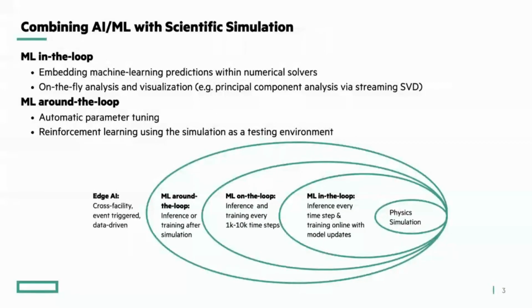So two exemplar cases are doing something like parameter tuning, right? So a lot of our simulations have tunable parameters, which we have some known constraints on, but maybe for your specific case, you don't know what the ideal set of parameter values is for your particular simulation based on some figure of merit. So you want to do some kind of automatic parameter tuning. You don't want to go and tune by hand.